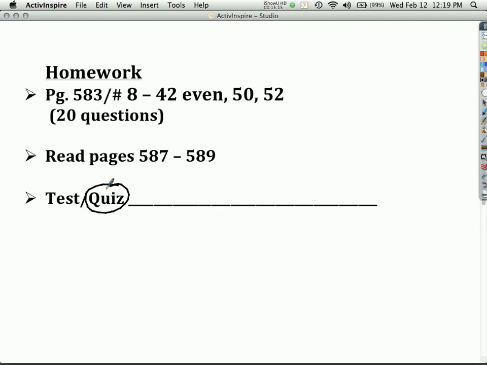You're going to have a quiz on Tuesday. On Tuesday, and that's going to be on 9.1 to 9.3. We've done 9.1 and 9.2. We will be doing 9.3 on Friday. We will go over the homework for that on Tuesday.